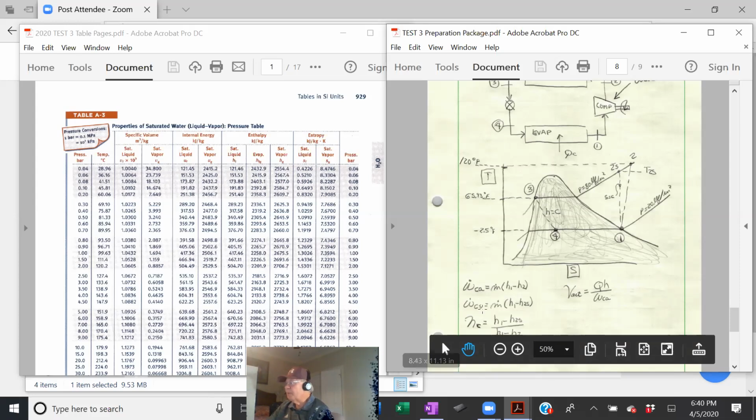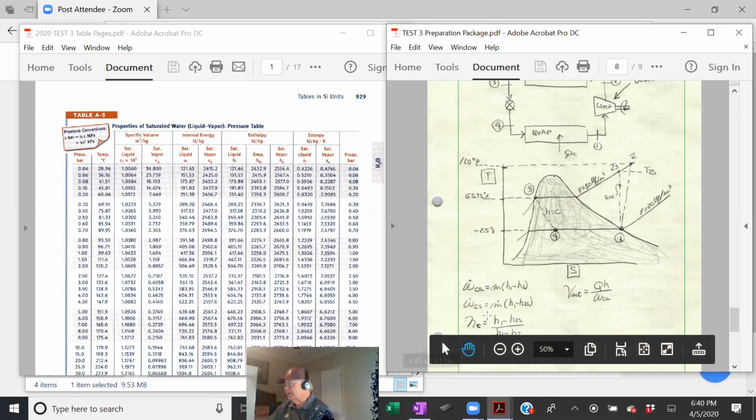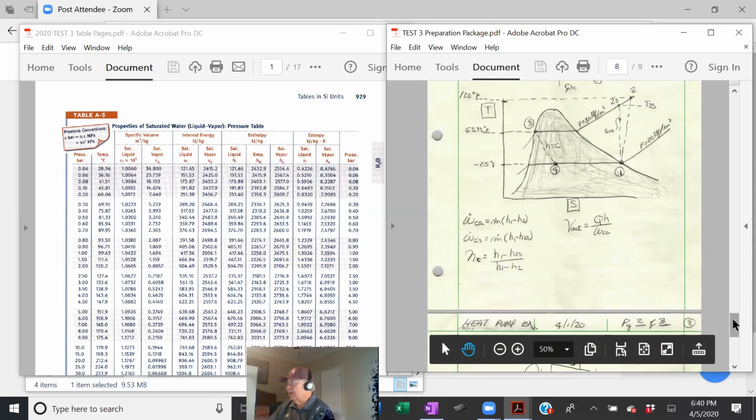Equations are simple. The work of the compressor actual is m dot (H1 minus H2). The work of the compressor isentropic is m dot (H1 minus H2S). And let's think about our isentropic efficiency.